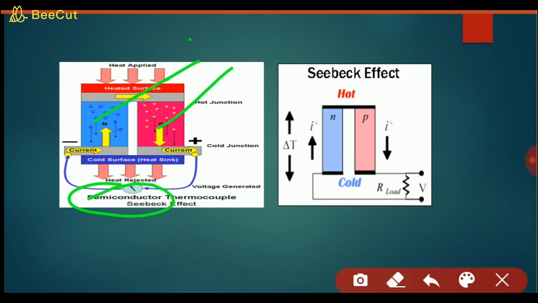Okay, voltage is generated. One side you are providing hot, and one side you are keeping the surface cold. So this temperature difference creates an induced EMF. Okay students.